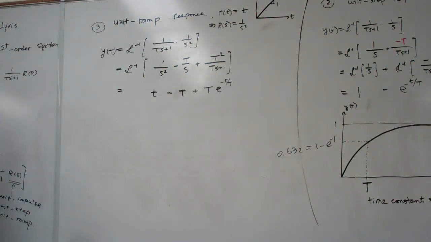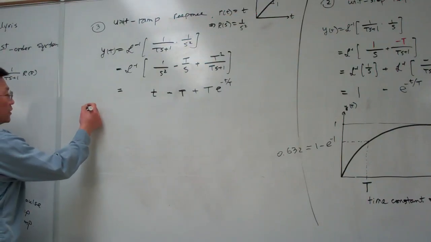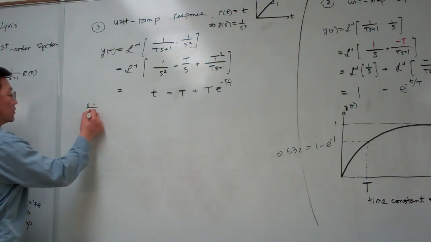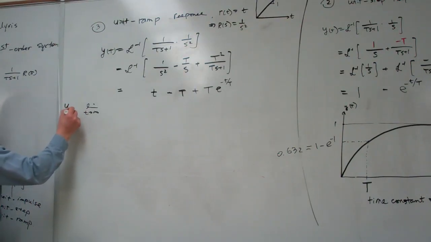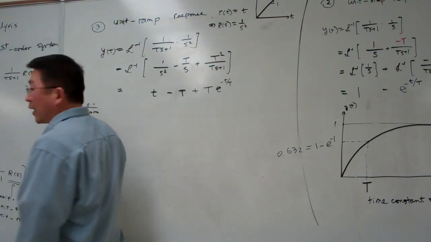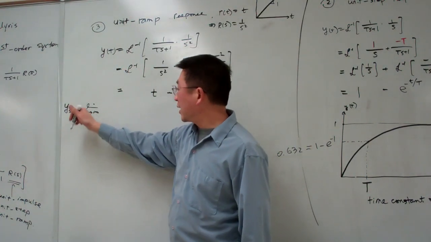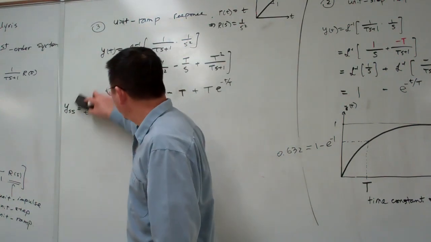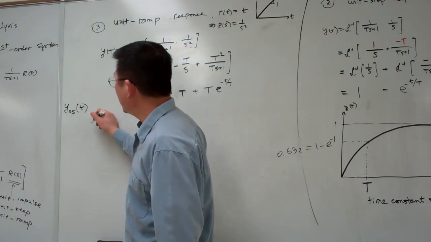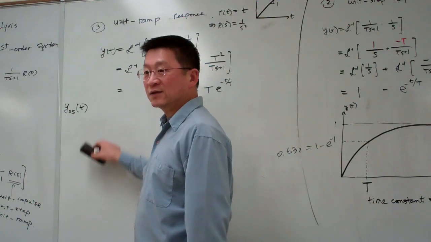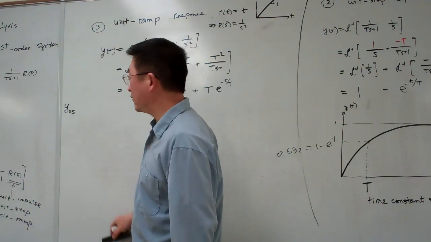So now for this case, before we draw the curve, we see what happens when t goes to infinity. We study the steady state value here. When you write the steady state symbol, you don't need to write the time, because time is not a variable anymore.